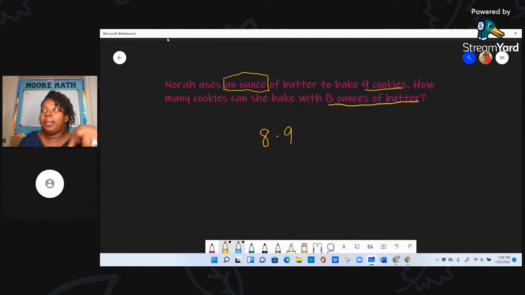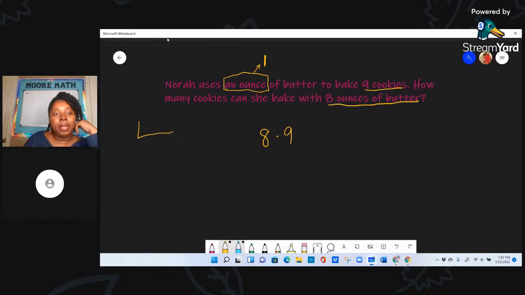Okay, so look up here. It says Nora uses an ounce of butter to bake 9 cookies. What's an ounce? How many ounces is that? 1. Good. So it's 1 ounce of butter for 9 cookies.